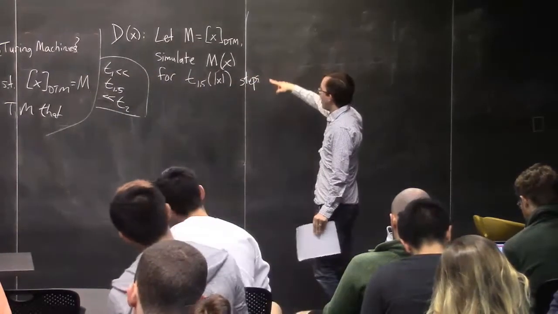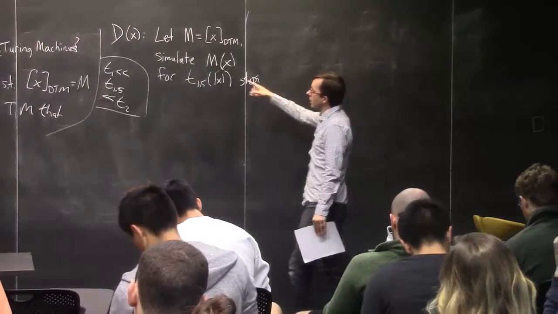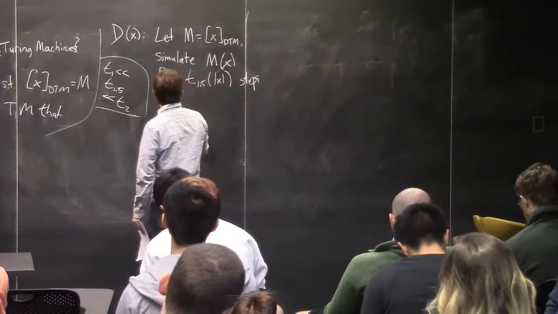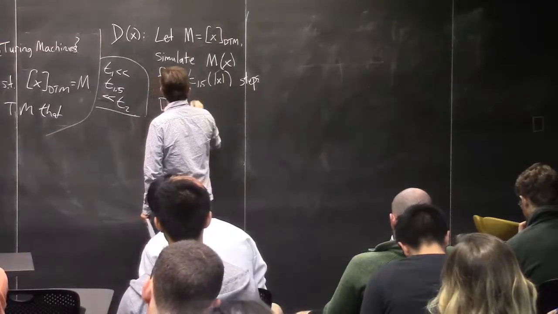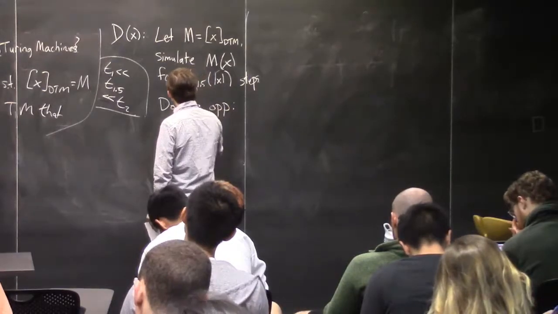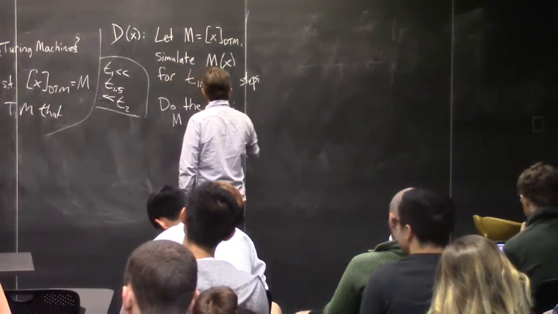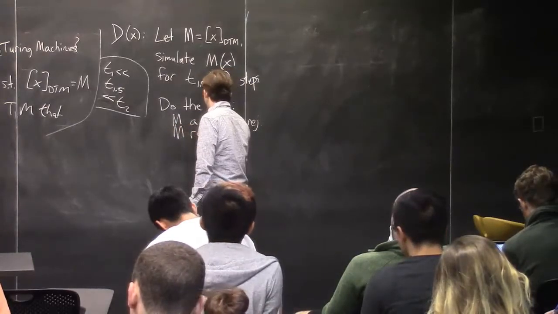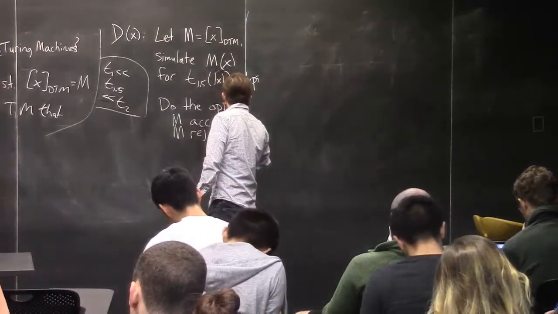So D is going to do that simulation, and then it'll just do the opposite. This is the diagonalization aspect. Do the opposite of what M does. In other words, if M accepts, then D will reject, and if M rejects, then D will accept.